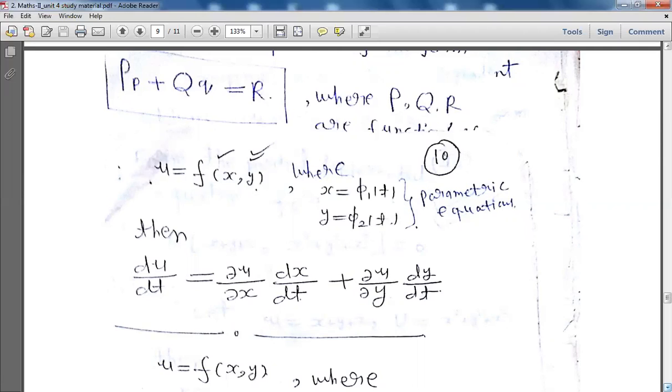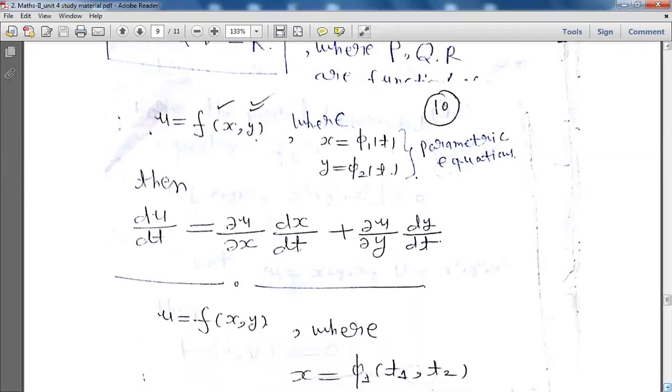This can be written as del u by del x into dx by dt, because x is a function of a single variable, so it is an ordinary derivative, plus del u by del y into dy by dt, because y is a function of the single variable t.